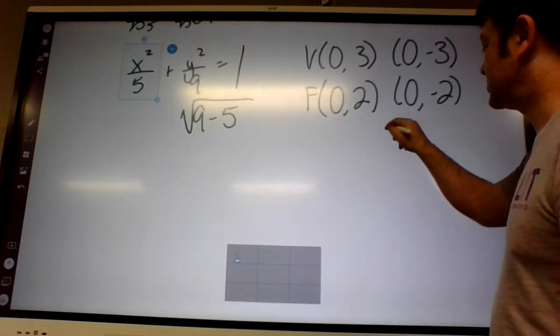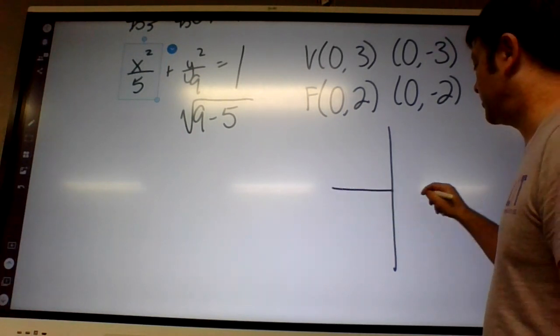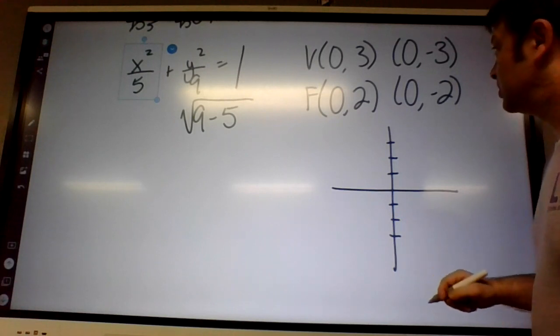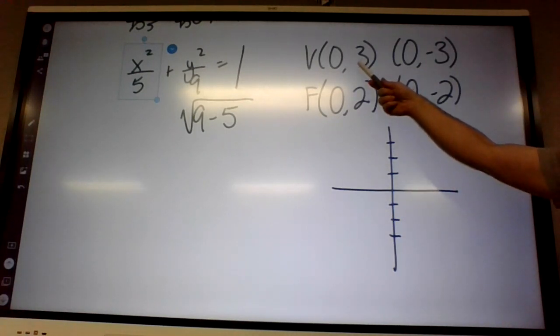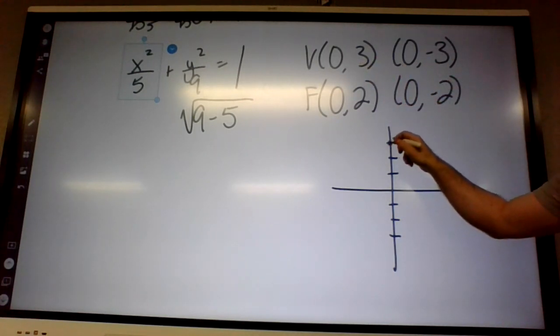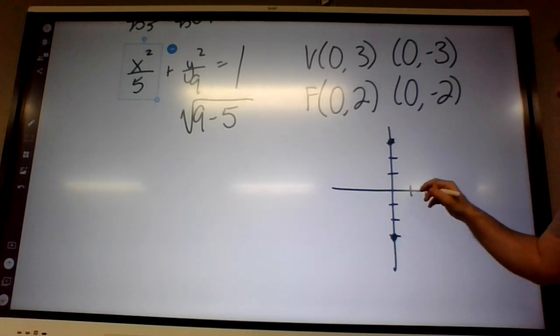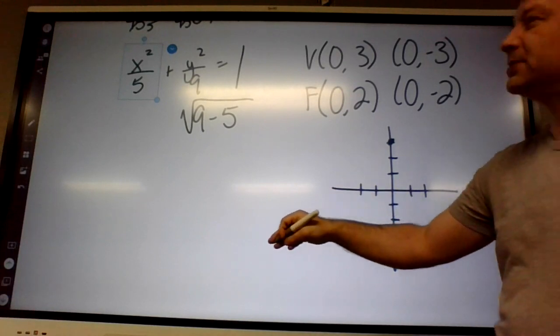Alright, so it said sketch it. I don't think I'm going to get out graph paper. So the vertices are at (0, 3) and (0, -3). And where does it hit the x-axis?